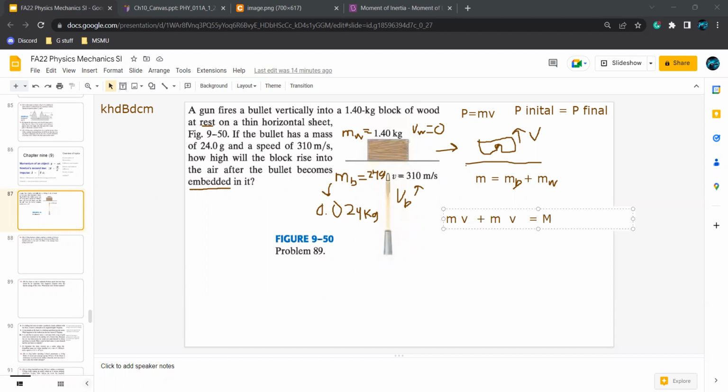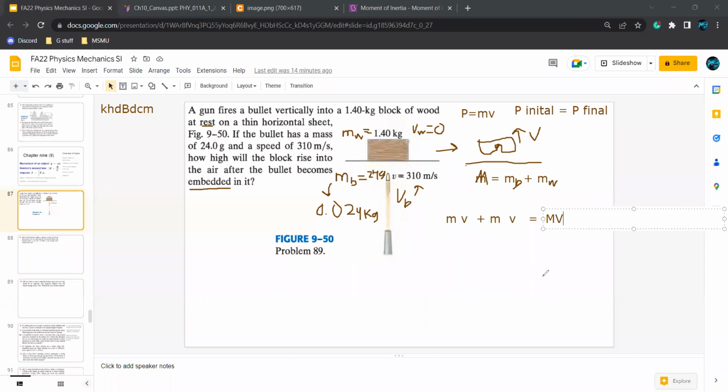I'll do this as big M. No, I'll keep it little m. Can't edit this, can I? No, I can't. You can just draw it over. I'm gonna make this big M, just so we can distinguish it. V, and that's the big V too.